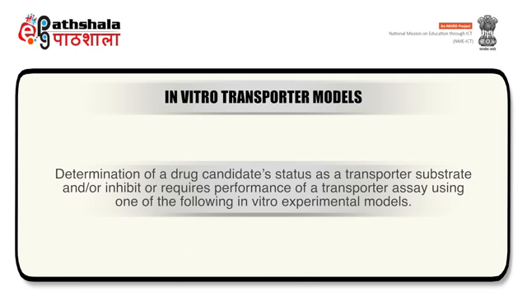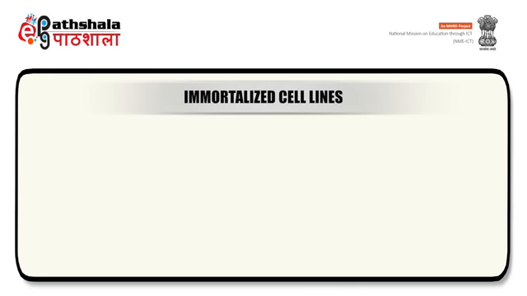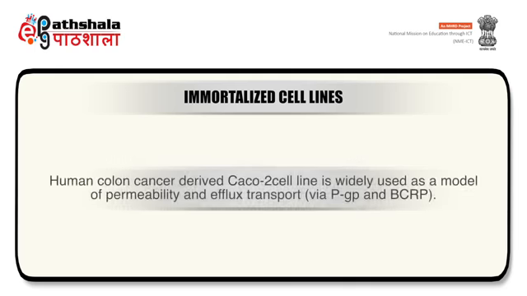Determination of a drug candidate's status as a transporter substrate and/or inhibitor requires performance of a transporter assay using one of the following in vitro experimental models. Immortalized cell lines. The human colon cancer derived Caco-2 cell line is widely used as a model of permeability and efflux transport.